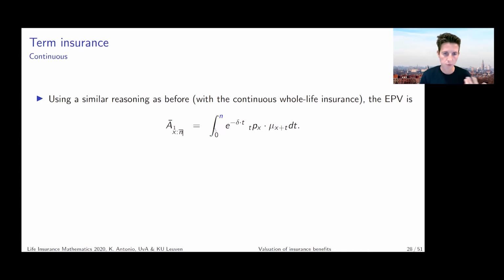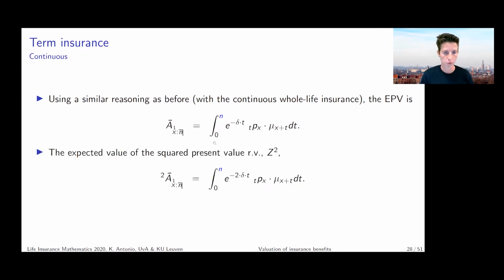So that's important. We limit the duration of the contract. If you continue the same reasoning and look at the second moment, you'll get a completely similar expression to what we obtained earlier on. Once again, the upper bound of the integral is now equal to n because of the limit in the duration of my contract.